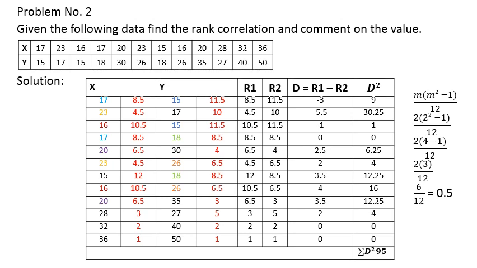Next highest is 30, fourth rank. Next highest is 27, fifth rank. Next highest is 26. Now 26 is repeated twice. The average of rank, you have to add 0.5, so that becomes 6.5.